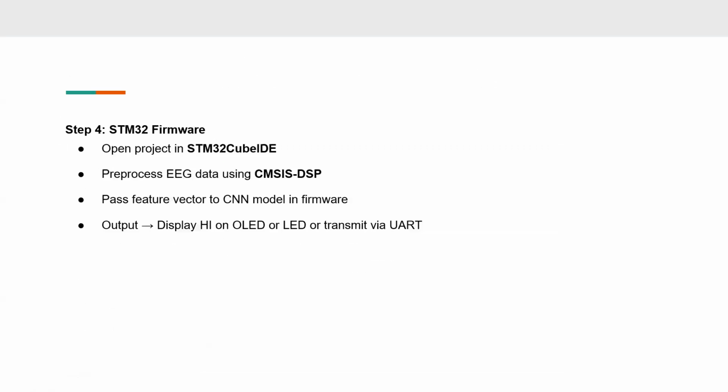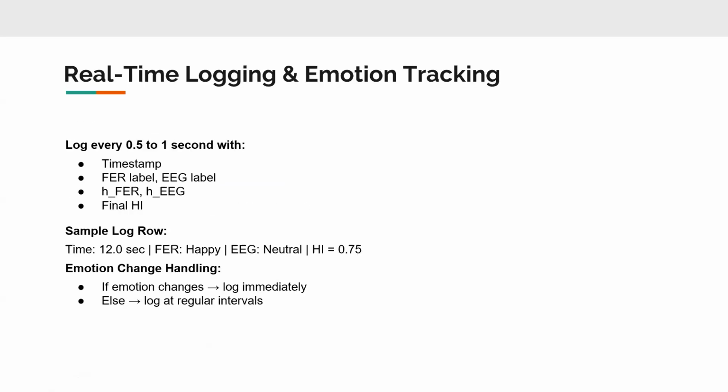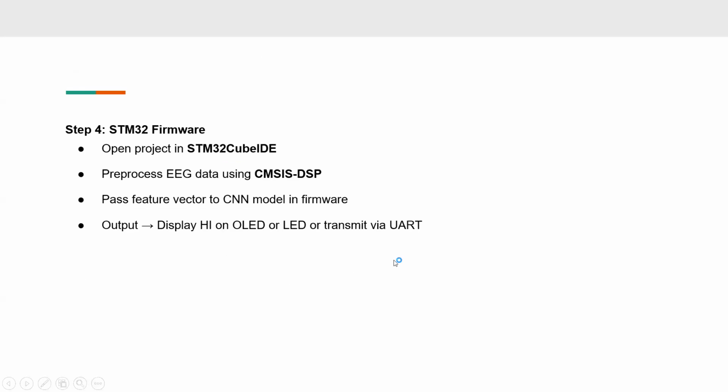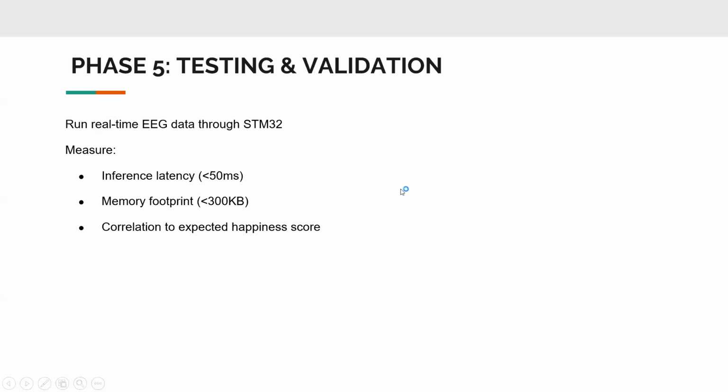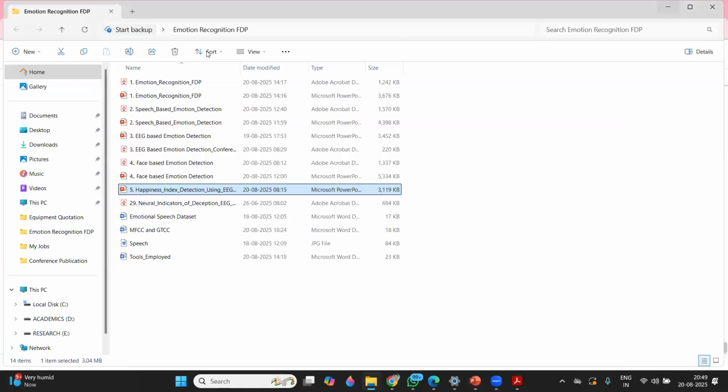They need to embed this in hardware for deployment on the STM model. For that, pruning and quantization should be done, and the C code converted using STM32 by AI. So these are some of the use cases we are talking about now.